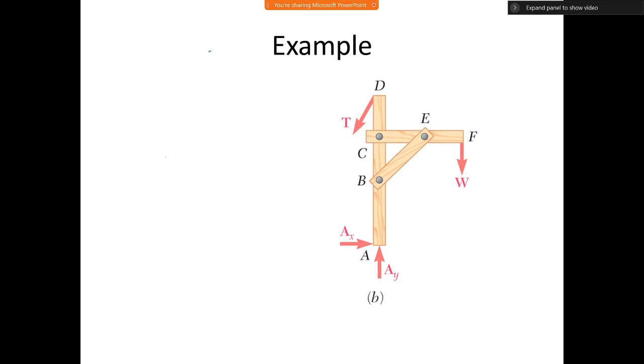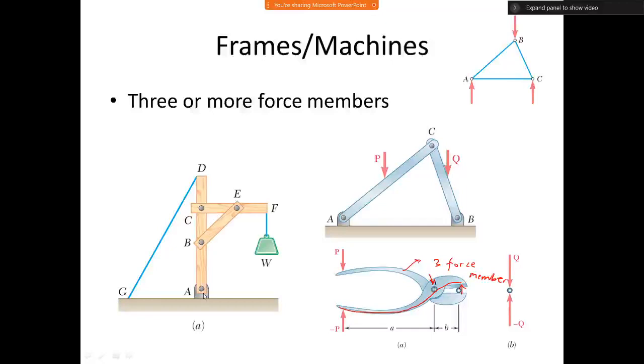In case of frames it will be different. Something which looks indeterminate from the truss point of view may end up being determinate. So first thing is to try from the onset. For example, in this case you can see there is a pin joint at A, and there is an external load W which is given, which is acting here, right?